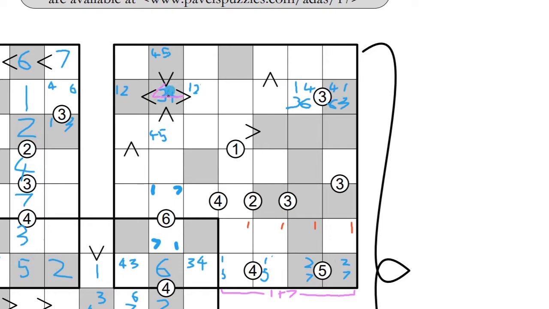If that's a 4, I should have seen this earlier, then that's a 5 and that's a 5. They can't both be 5. So that has to be a 3. So it's 3, 2, 1. Or 3, 1, 2.